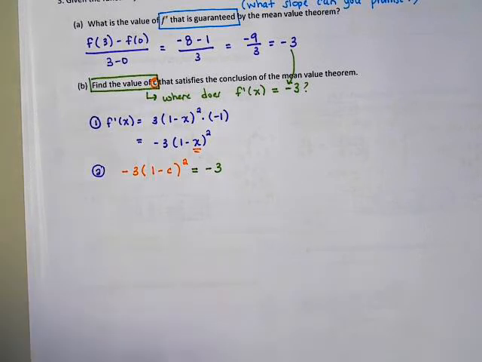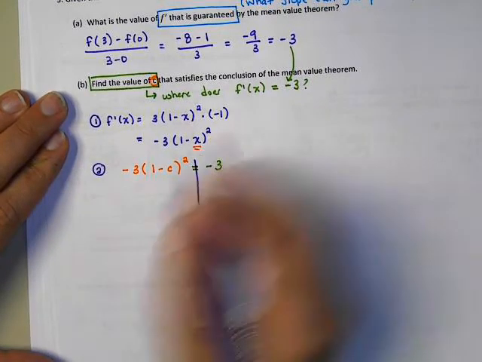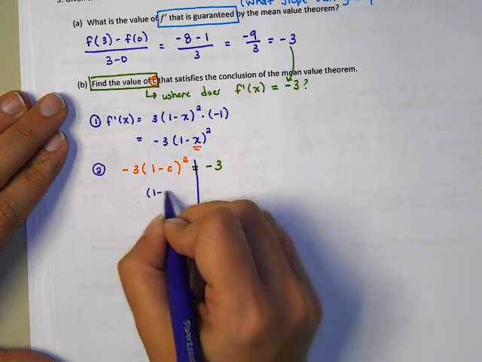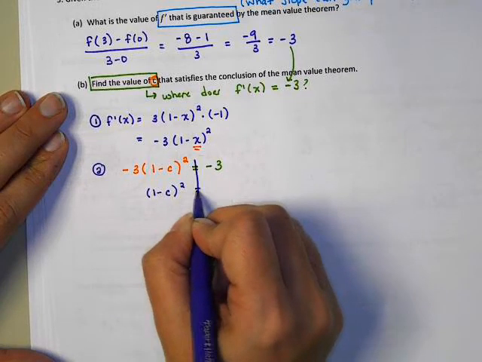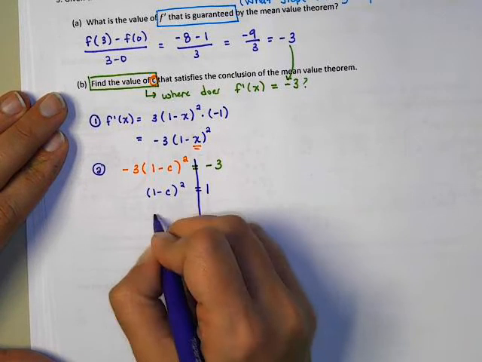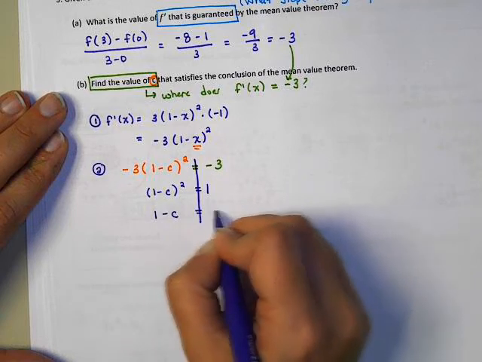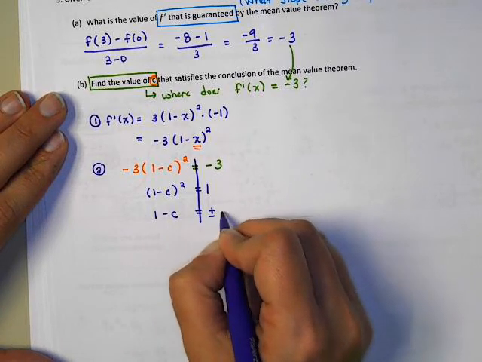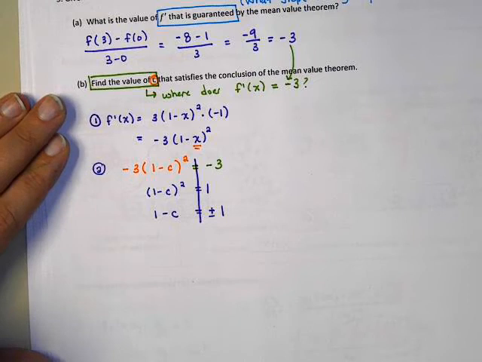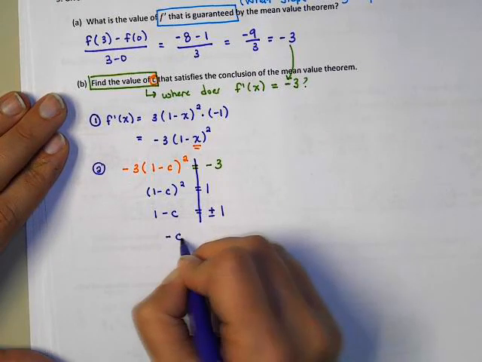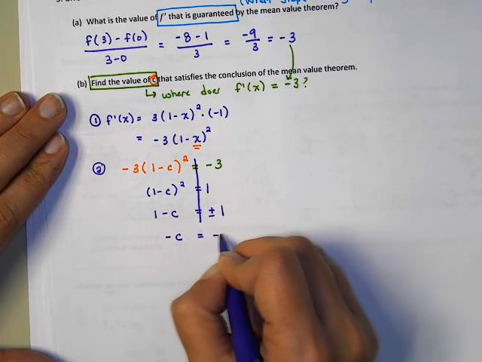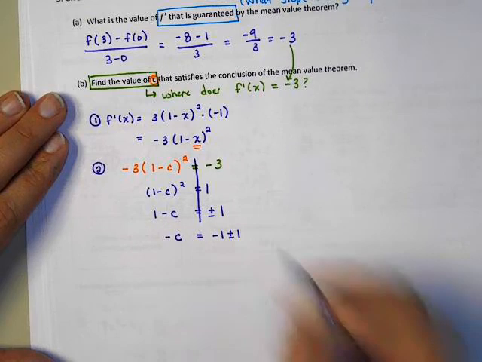If I solve this equation, I'm going to divide by -3 first, so I'm going to have 1 minus c squared equals 1. I'm going to square root both sides, so 1 minus c equals plus or minus 1. I'm going to solve this by saying -c equals -1 plus or minus 1.